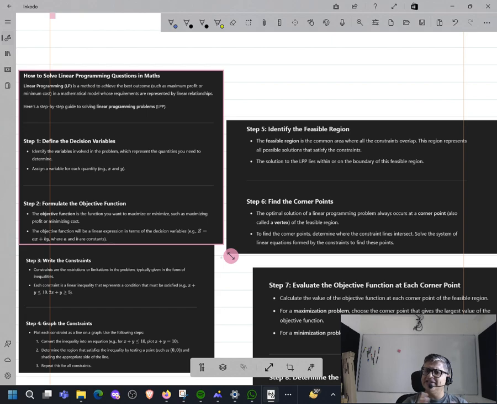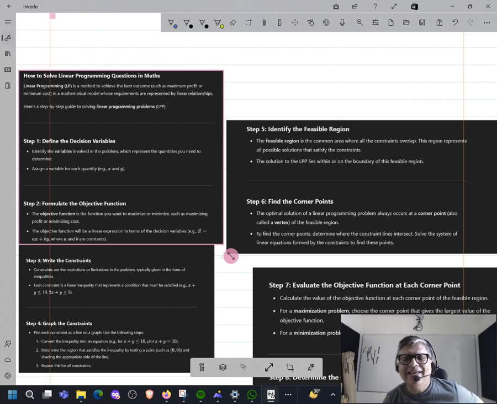Now you have two lines plotted on the graph and they can intersect, right? So you will write x plus y is less than or equal to 60, and you will write the total money is equal to 50,000, right? I will come to the inequality part.